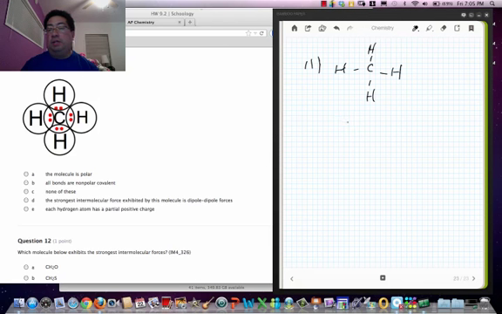As we said earlier, CH is nonpolar, right? So this is a nonpolar molecule. And remember, for nonpolar molecules, there's only one intermolecular force, which is what? Hopefully you know that it's London dispersion. So this is the intermolecular force, or IMF.